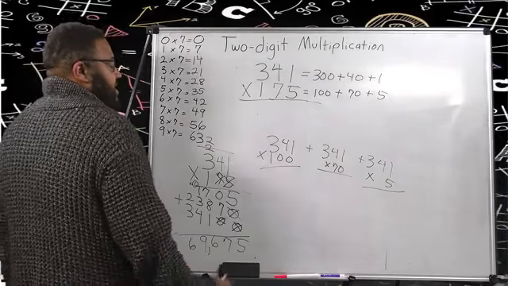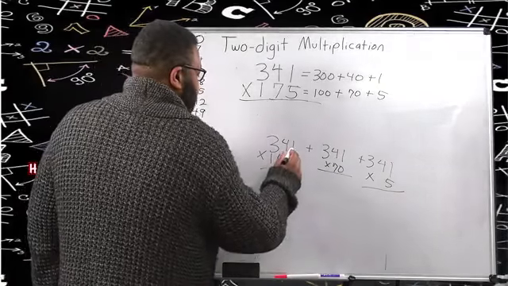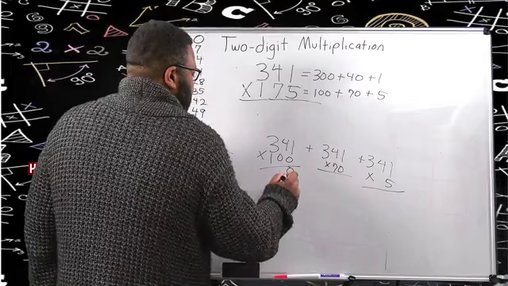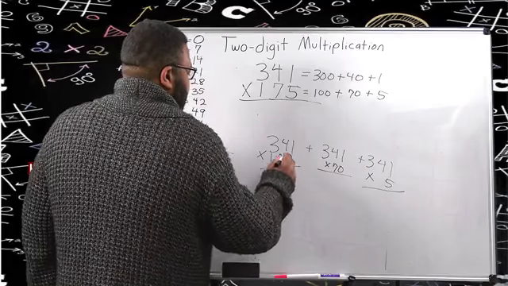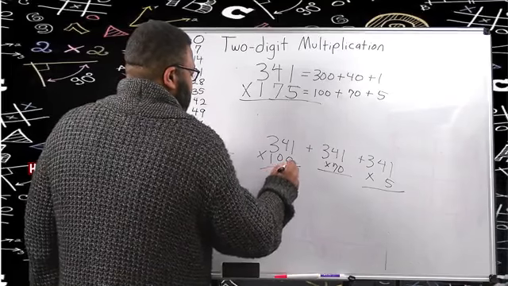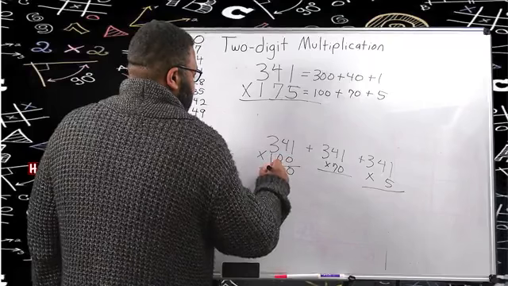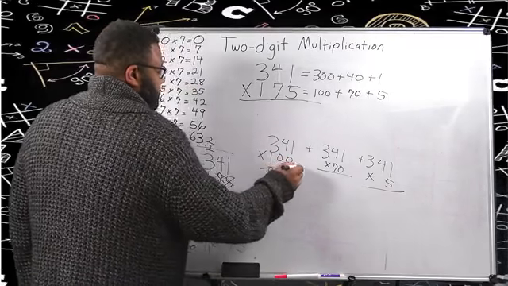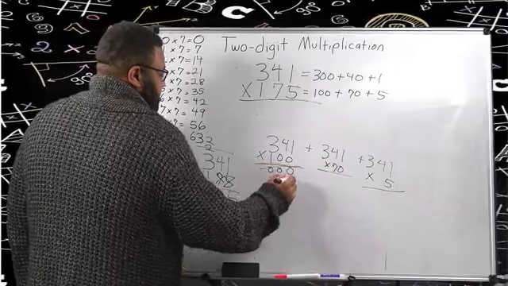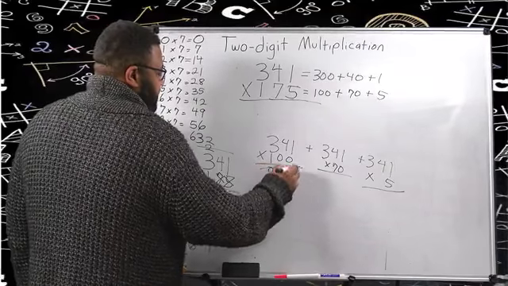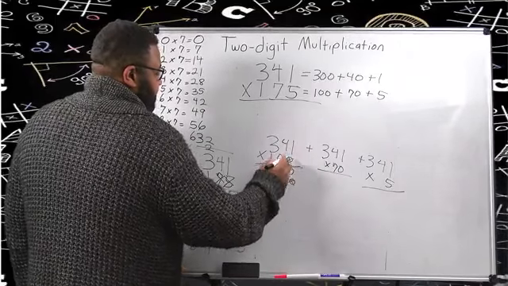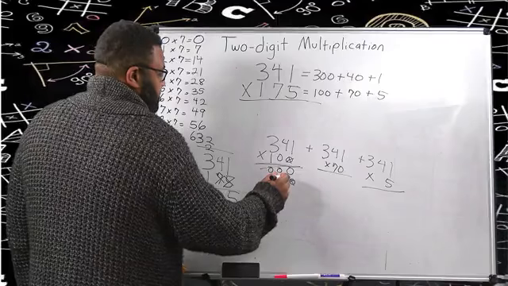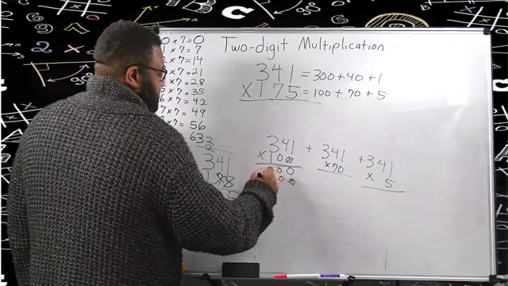And basically here, 0 times 1 is 0. 4 times 0 is 0. And 3 times 0 is 0. I'll put my placeholder here. And that's going to be what again? 0, 0, 0, 0.